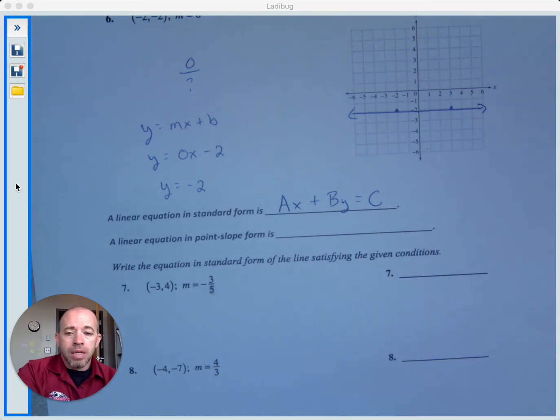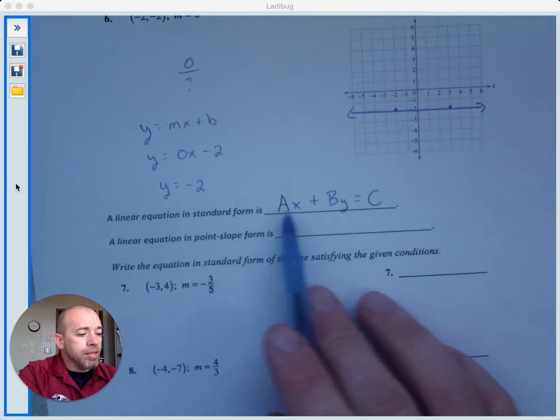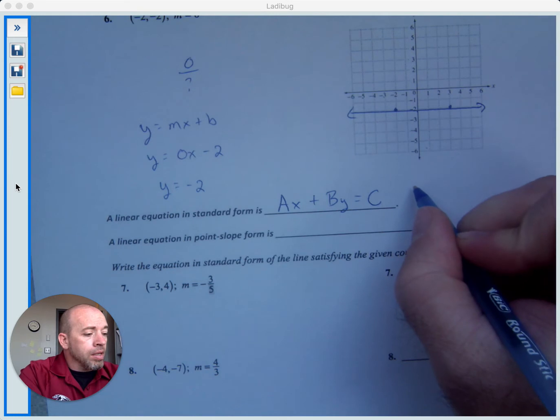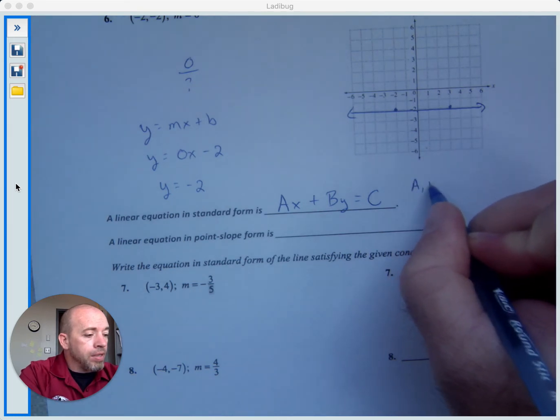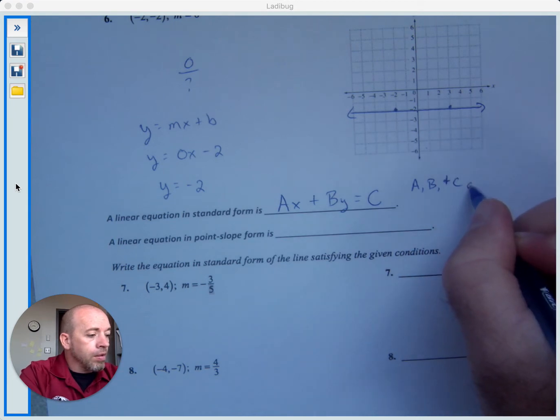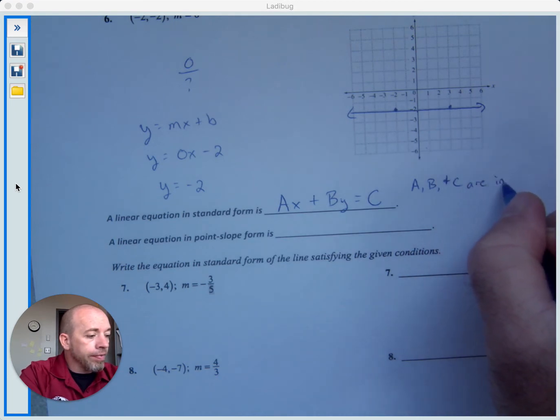Now, a, b, and c are all constants. There are a couple special requirements. a, b, and c are integers.